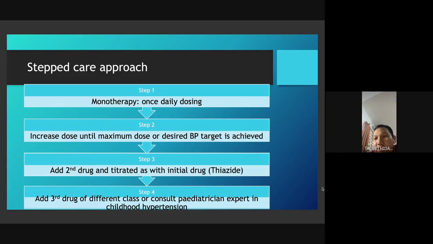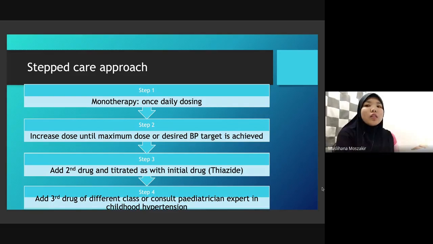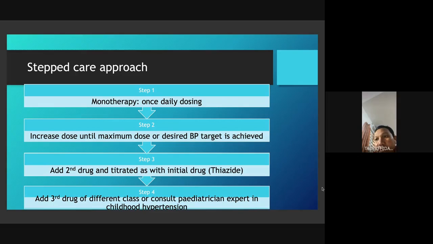Okay, because we don't have one single number as the criteria of hypertension in children. We need the table or BP chart, because different age, gender and height will have different BP values. So you need the table or BP chart to determine whether your patient is hypertensive or not.